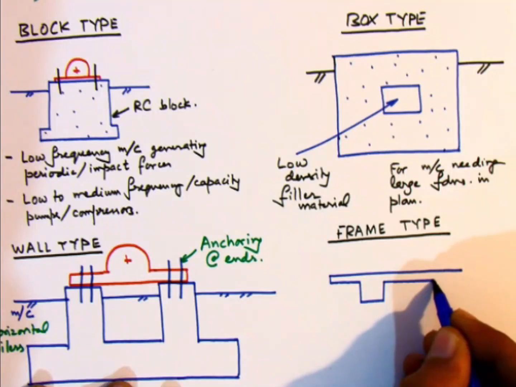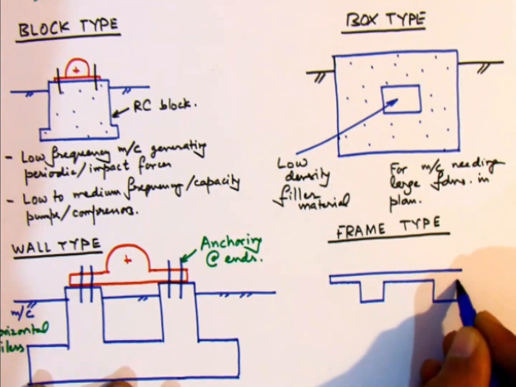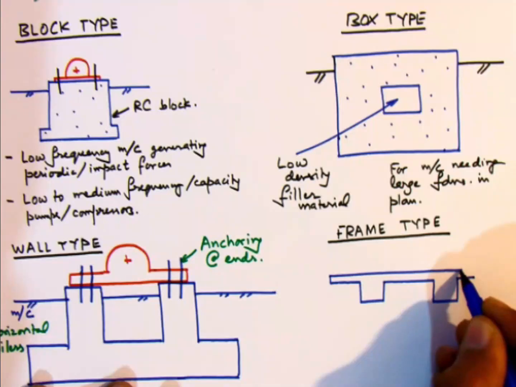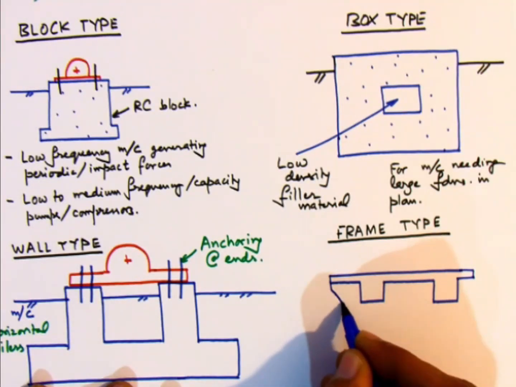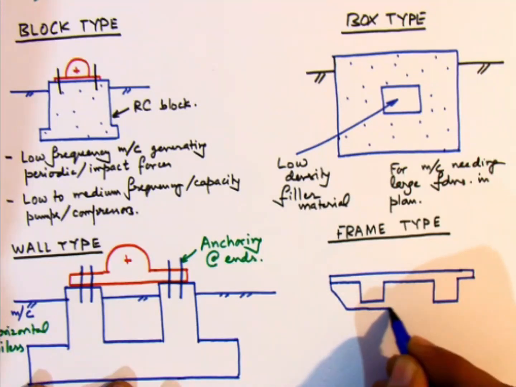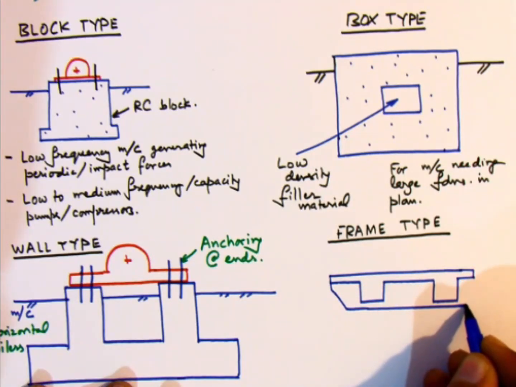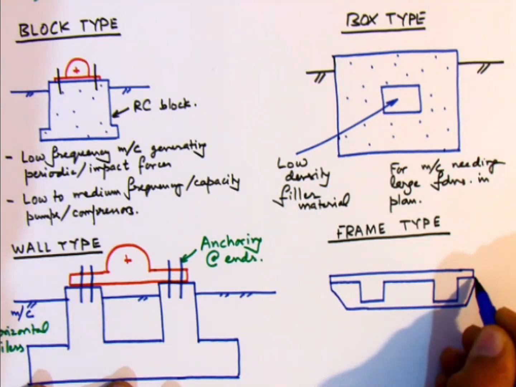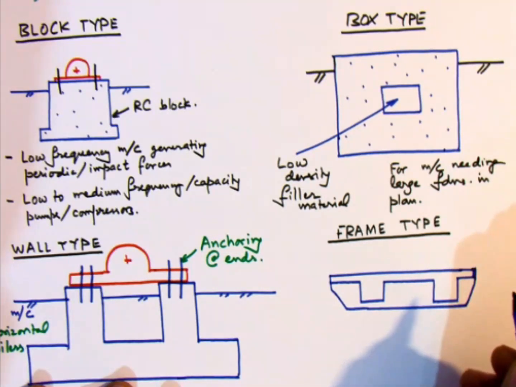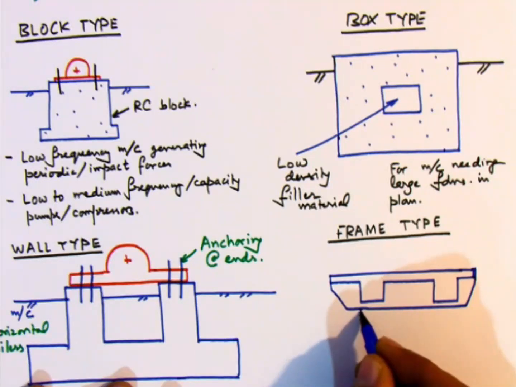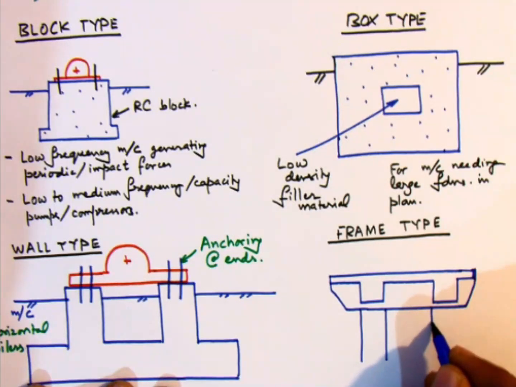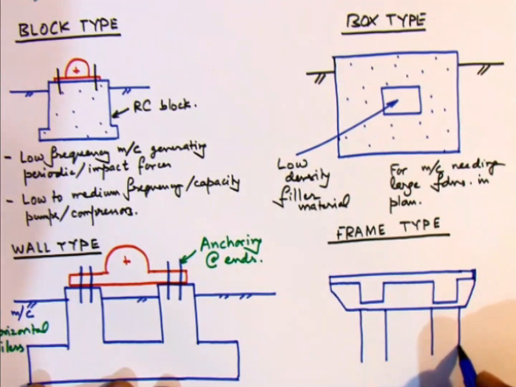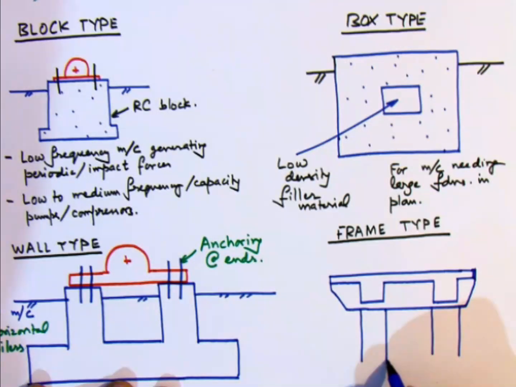They have very large dimensions of beams and columns, and there is a roof slab also, and the columns stem out from a very thick raft at the base. They could be of very large size, and they are like a reinforced concrete 3D frame type structure.